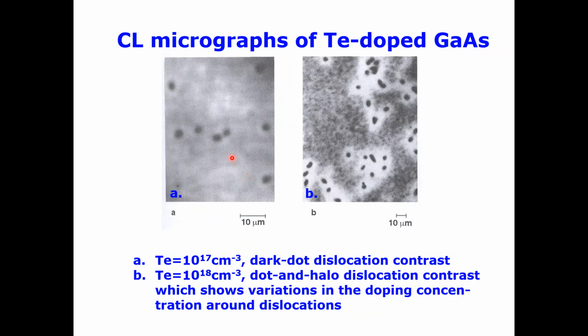The dark dots here are the dislocation contrast. In figure B, the concentration of tellurium is 10 raised to power 18 per cubic centimeter. Here you can see the dark and hollow dislocation contrast, which shows variation in the doping concentration around the dislocation.